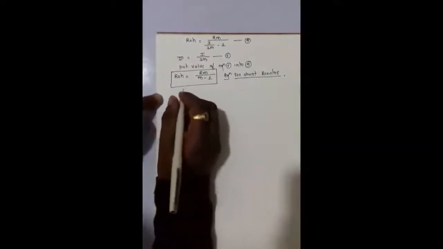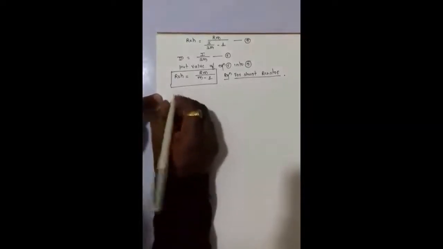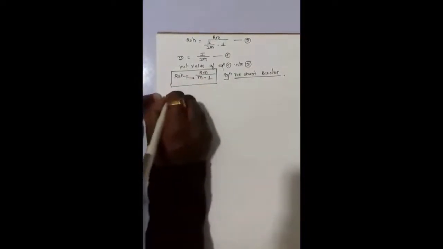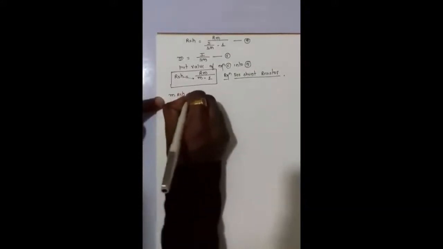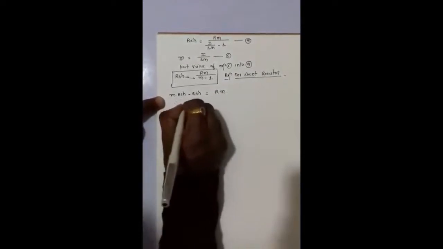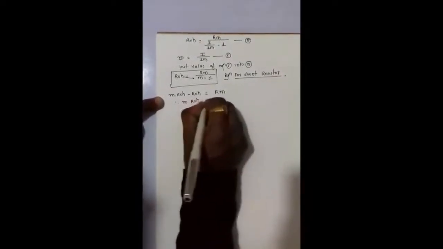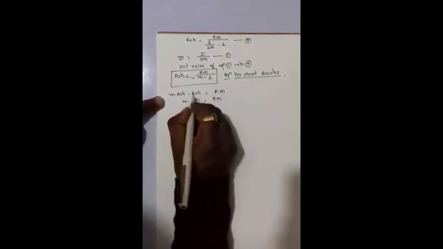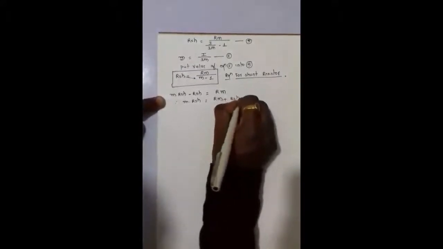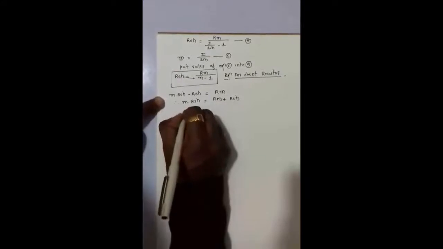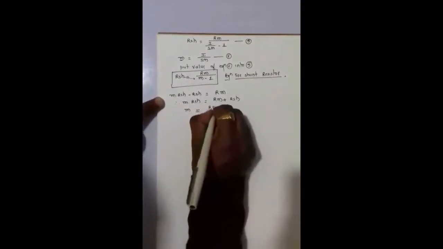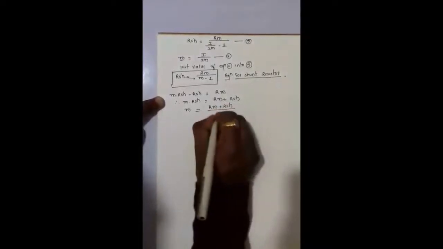If we again simplify this equation for the multiplying power of the shunt, by cross multiplication we get M into RSH minus RSH is equal to Rm, so M into RSH is equal to Rm plus RSH. So the multiplying power of the shunt, M, is equal to Rm plus RSH divided by RSH.